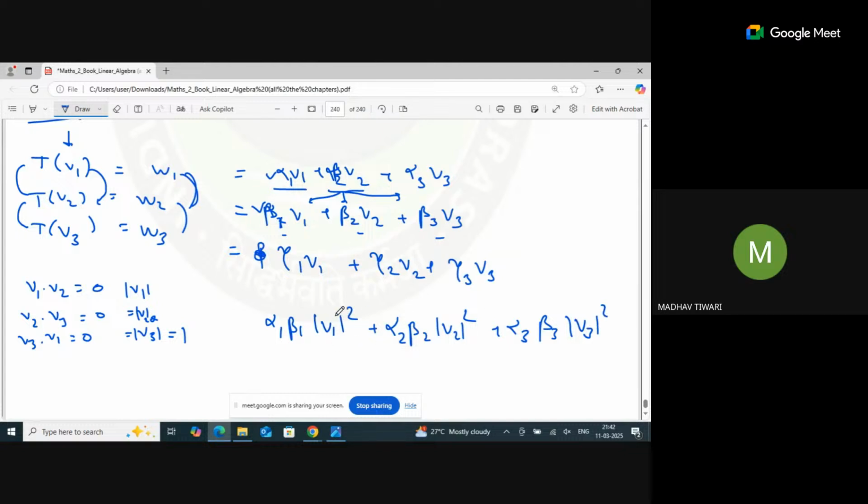So this is the value I am getting. What I am doing here is the dot product of the transformation of V1 with the transformation of V2.